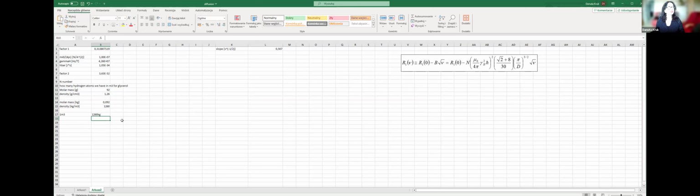And I have the molar mass, which is 0.092 kilograms. Yeah, this is the molar mass. So what is the volume? I must make such a calculation, yeah?